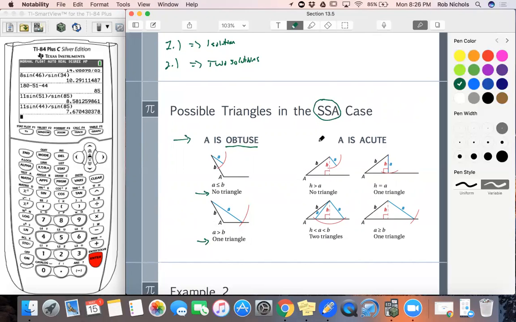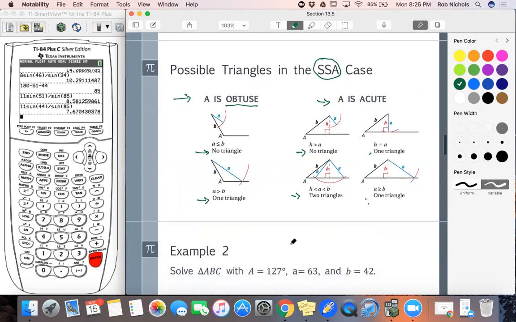Now, the big hiccup comes in if I'm told an acute angle. If I'm told an acute angle, I have a couple situations. I could have no triangle, I could have 2 possible triangles, or I could just have one triangle. Okay, so there are 4 situations that could happen, but really 3 answers. And let's take a look at what these situations look like.